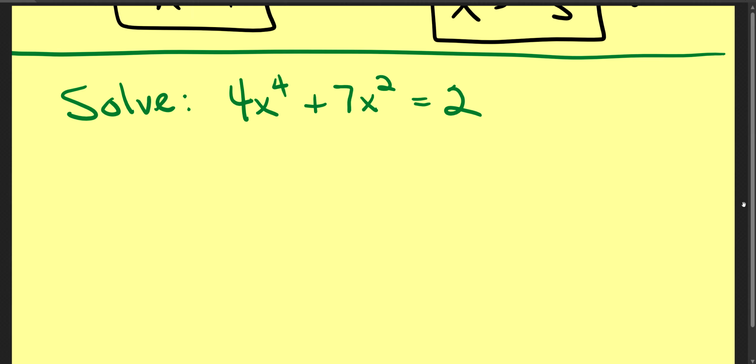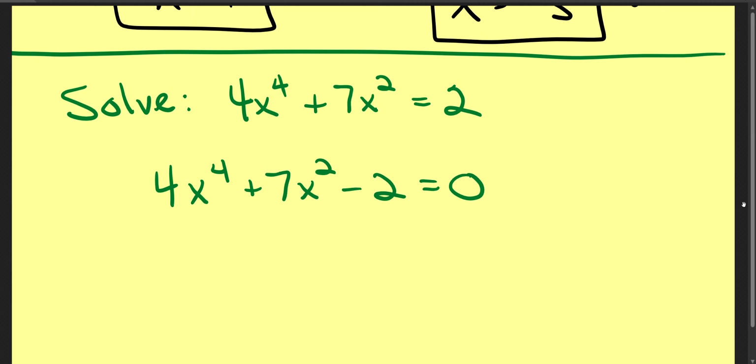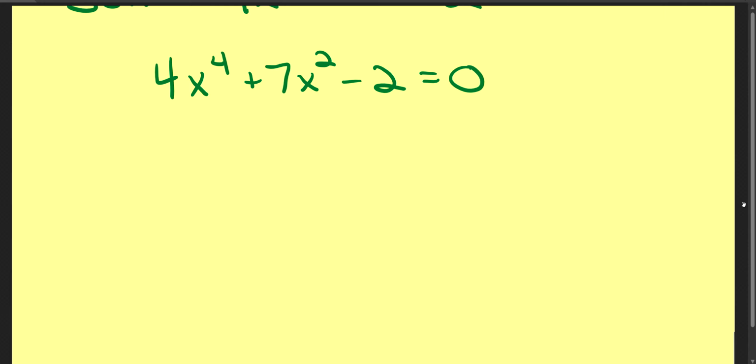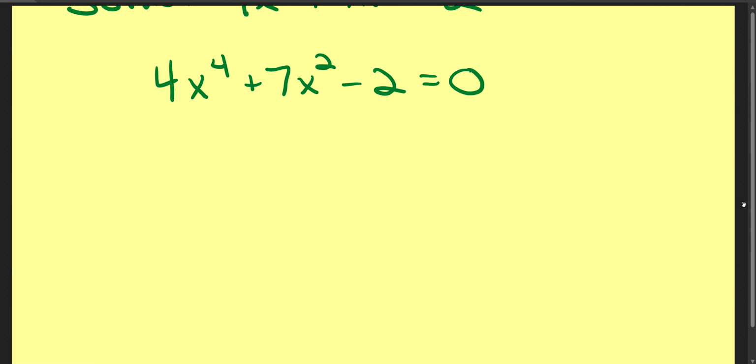Okay, I can see I've got an x to the 4th here. I want to rewrite this to be in standard form, so I could start by subtracting 2 from both sides. So I have 4x to the 4th plus 7x squared minus 2 equals 0. Okay, that's a good first start. And now I see my first term here is x to the 4th.